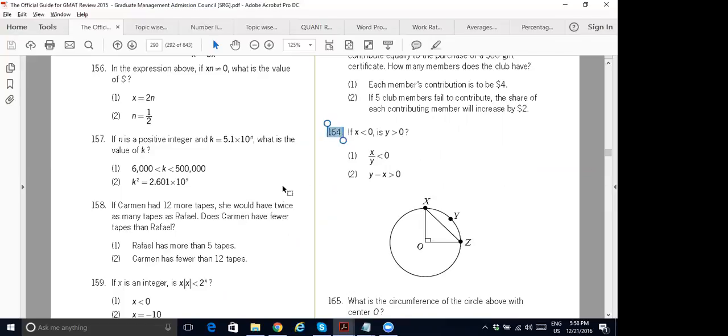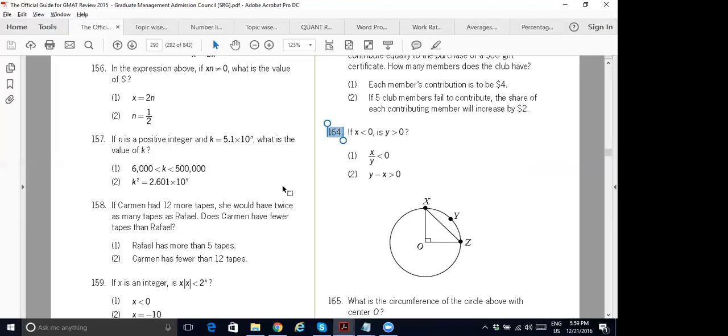And what about 164? Hmm. If x is... So statement one, if x is less than zero, y can't be less than zero.